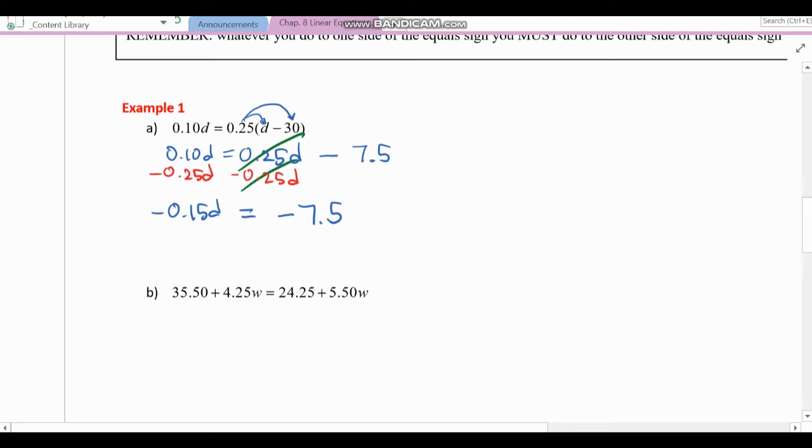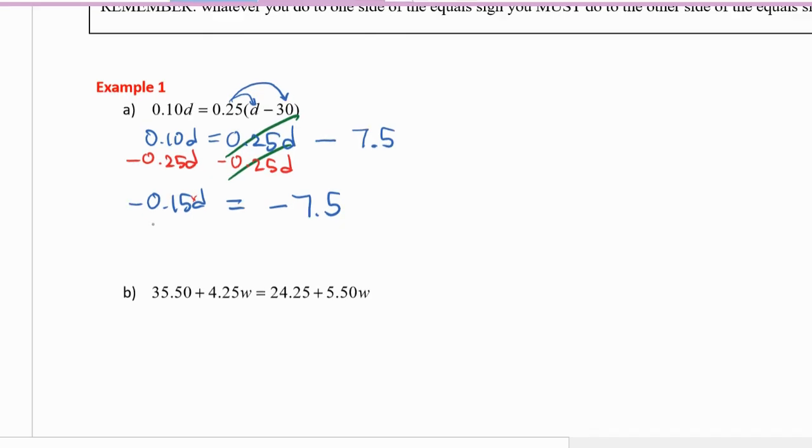What we're going to do is divide, because multiplication is hiding here, right? We're going to divide both sides by negative 0.15. Remember, whatever you do on one side, we have to do the same thing on the other side.